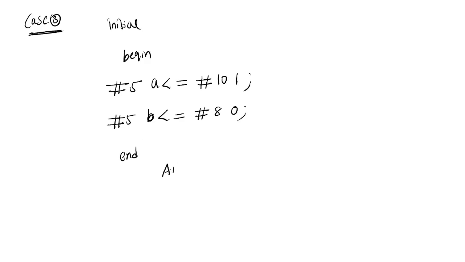After t equal to how many time minutes does A become 1? After t equal to how many time minutes does B become 0? Tell me.